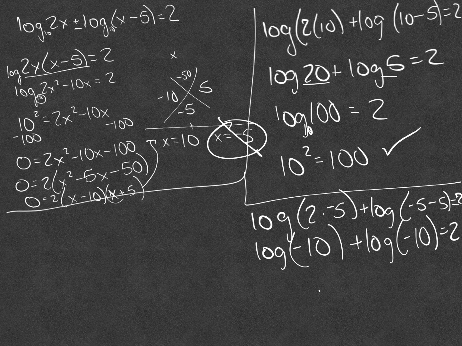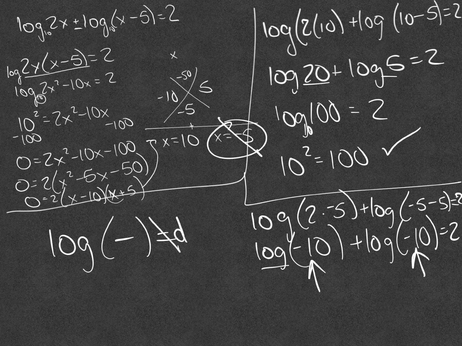Now, right here, where we see that we have negative 10, it is 100% impossible to have a log of a negative number. So log of a negative doesn't exist because you cannot rewrite that to be any exponential to give yourself a negative.